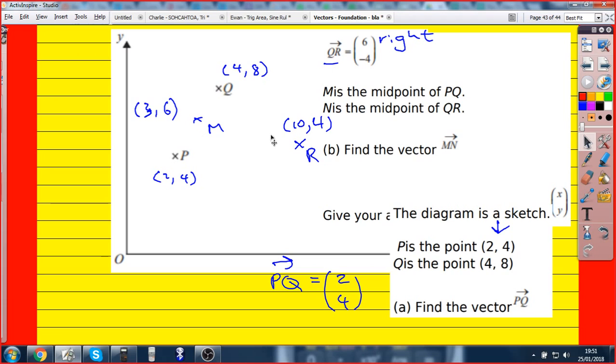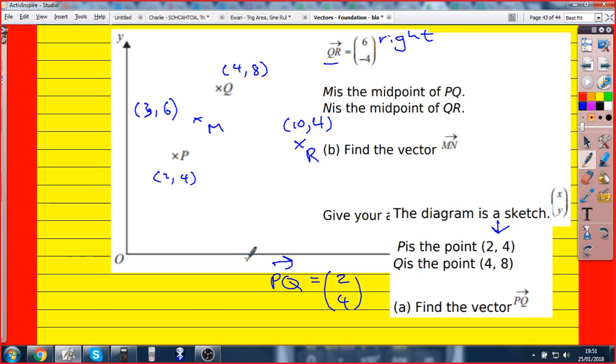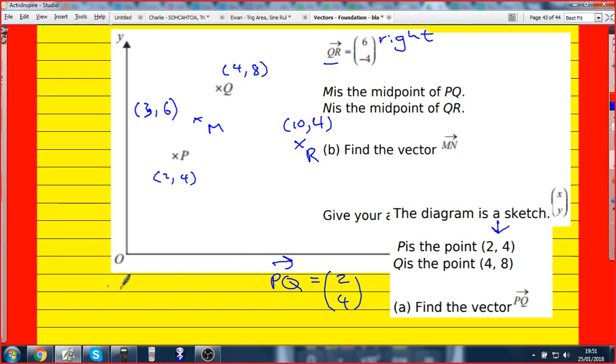Okay. And so now we need to find the vector from M to N. So PQ and QR. You can just go straight from M to N. Oh, okay.